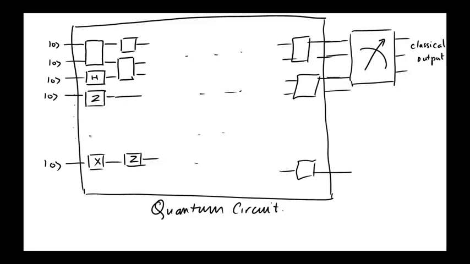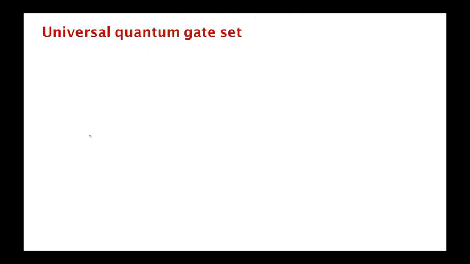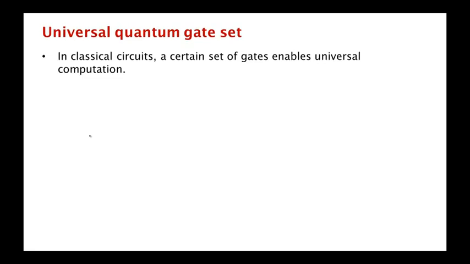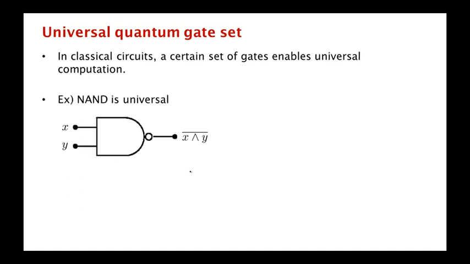There are many kinds of gates one can come up with: ANDs, ORs, NOTs, etc. But there's this very simple but very beautiful fact about classical circuits, which is that you don't have to allow for a very rich set of gates. In fact, all you need is a NAND gate.